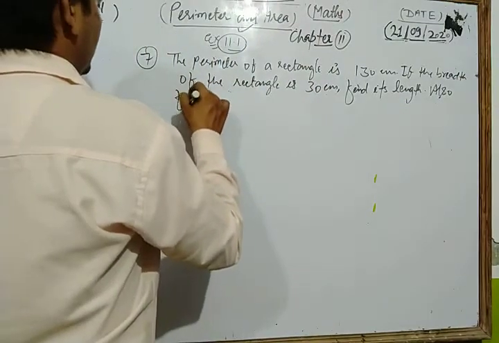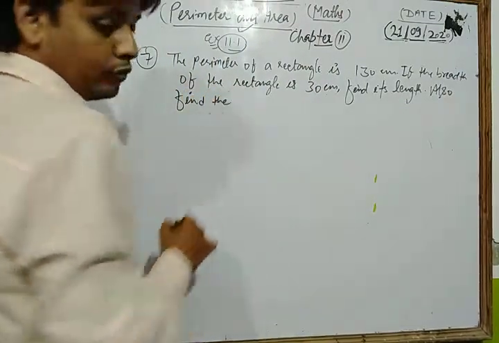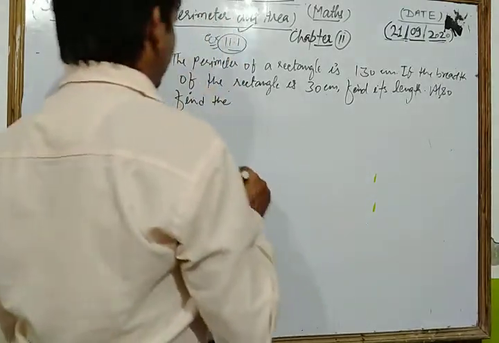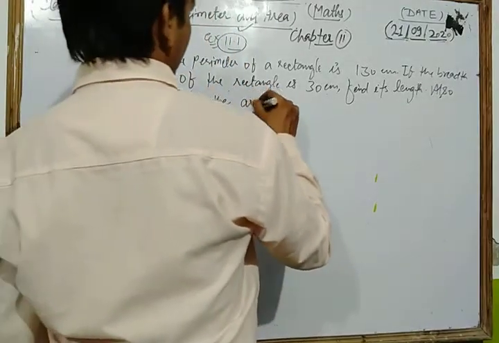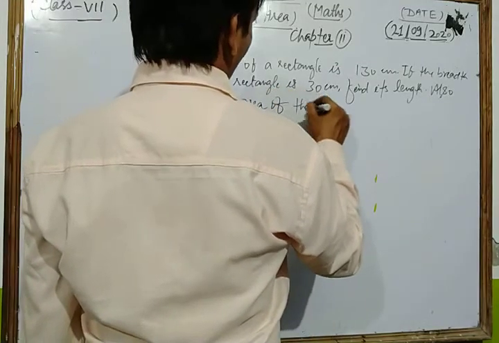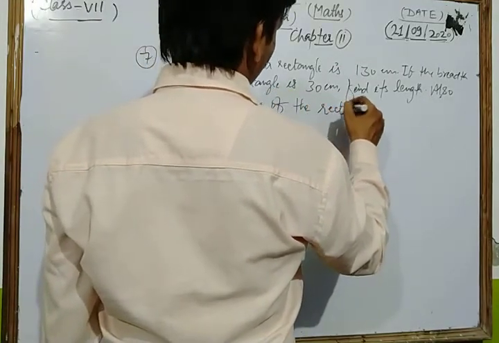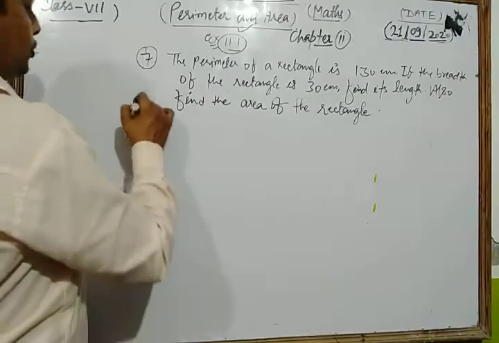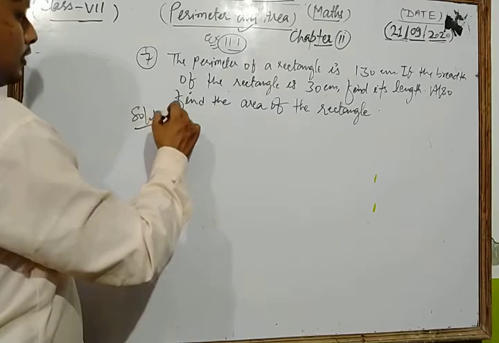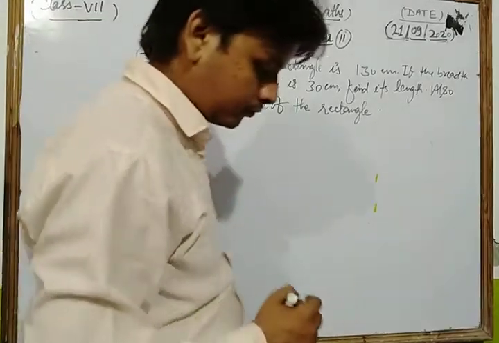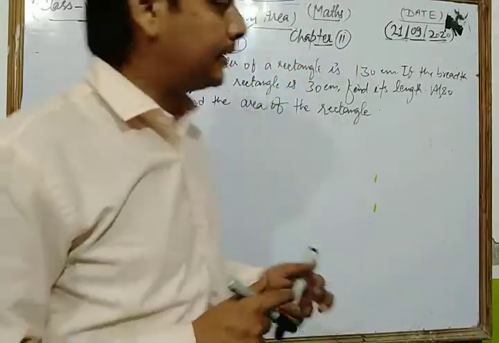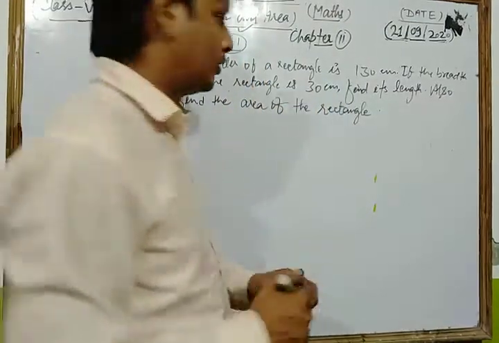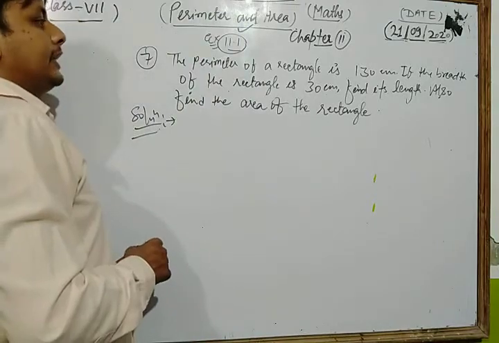Now let's see its solution. Dear students, in this question, here the perimeter of a rectangle is 130 centimeter, okay, and the breadth of the rectangle is 30 centimeter.